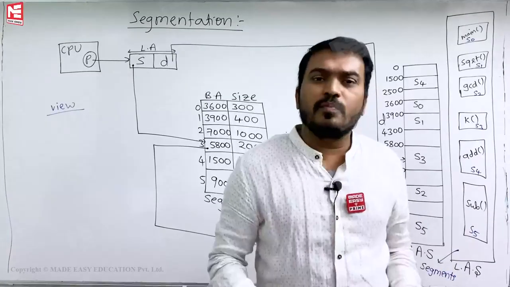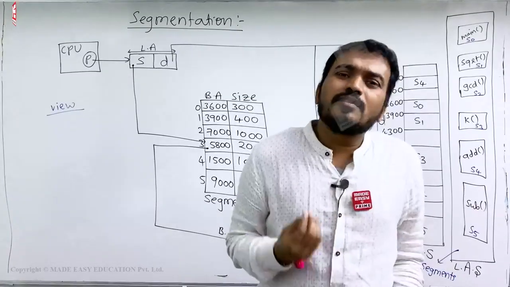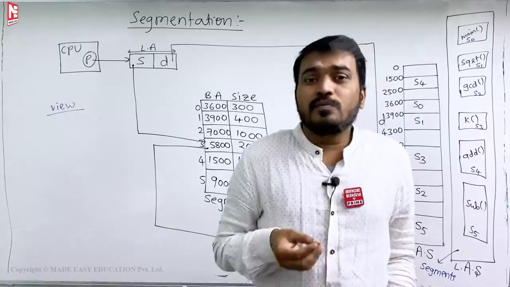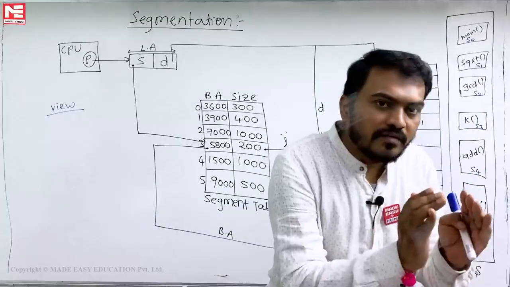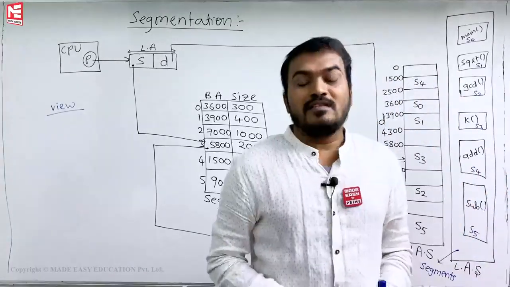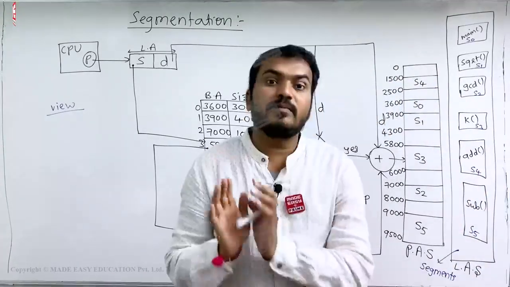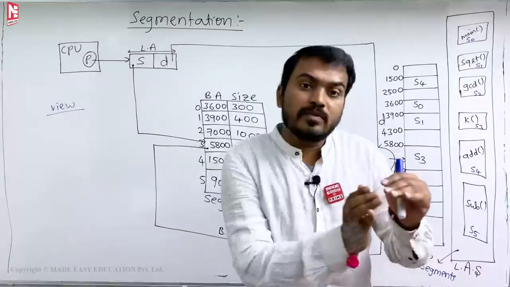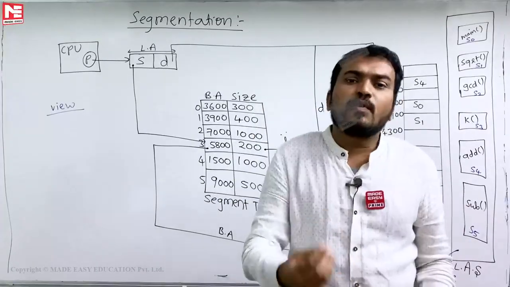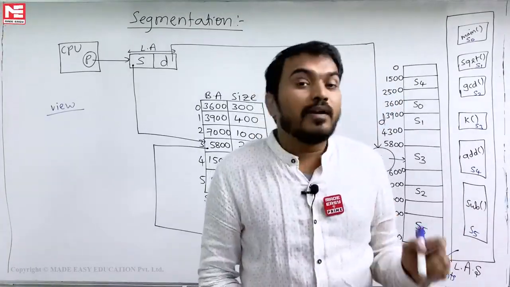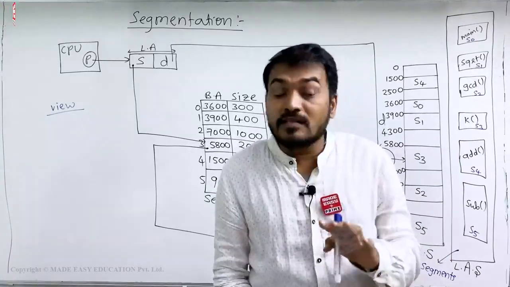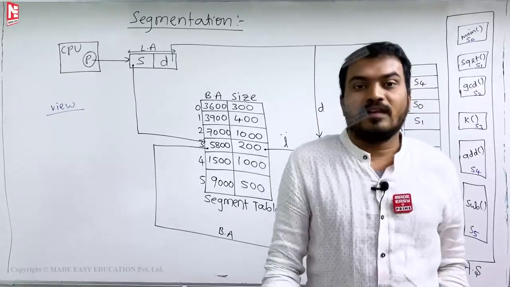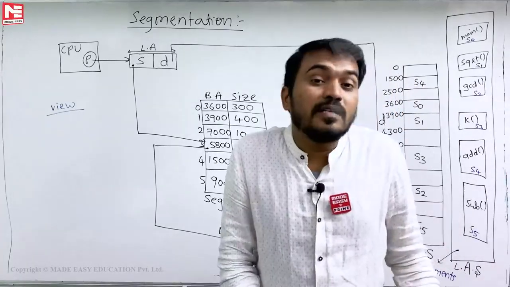As a common programmer, you may feel that the add function will be stored somewhere in memory, the subtraction function somewhere in memory, the main function somewhere in memory. As a programmer, you may feel like this. But remember, that is not going to happen in paging.